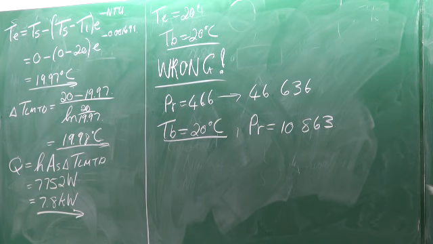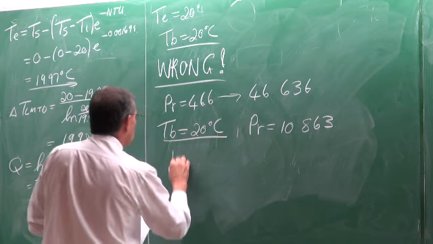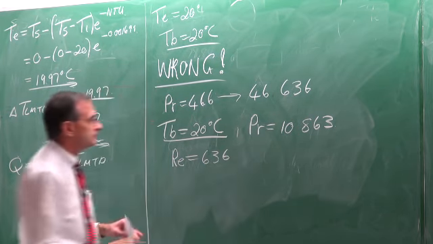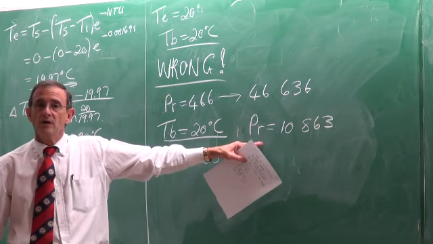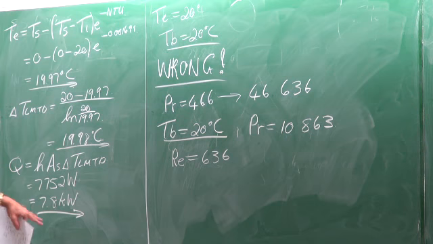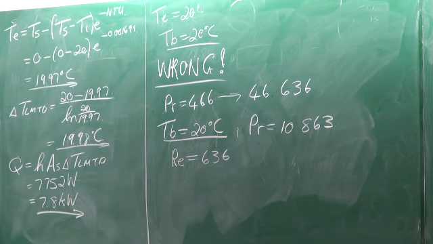So if you go and use this value now, the first thing is that the Reynolds number is going to change significantly. Not because of the Prandtl number, but just because previously I used a bulk temperature of 0, and now I go to a bulk temperature of 20. So it influenced the viscosity significantly.